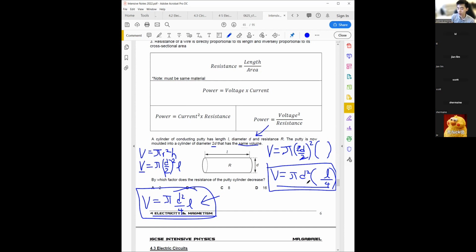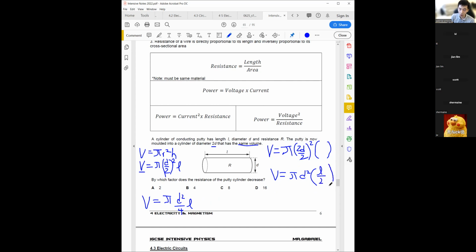So if you want, you could go by trial and error also, right? If you go by trial and error, it looks something like this: oh, I don't know how much is the length. Maybe it's divided by 2. Then I see here, this and this are not the same, so obviously it's not right. Then, oh, maybe the length is divided by 3. Then you see, this thing is also not the same.